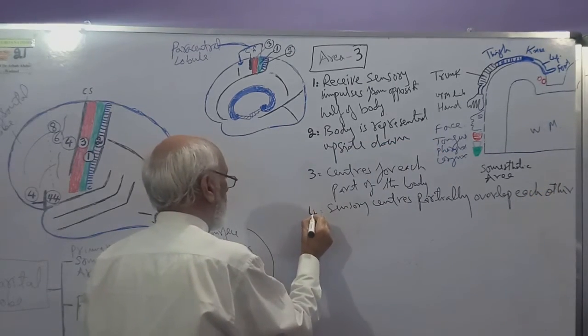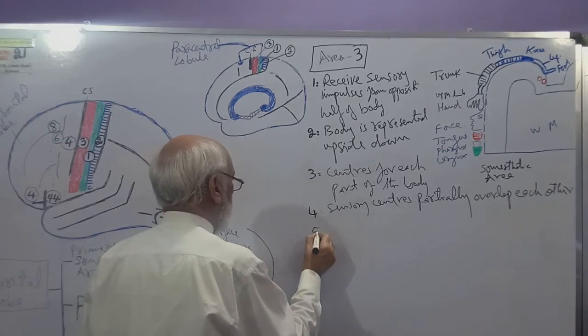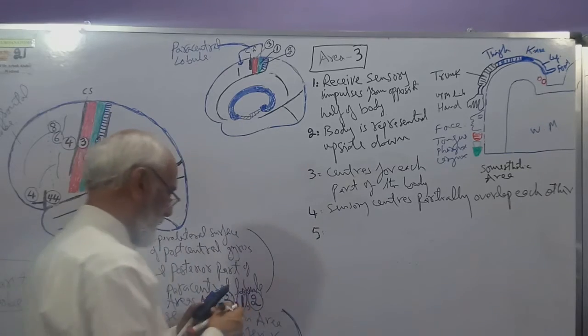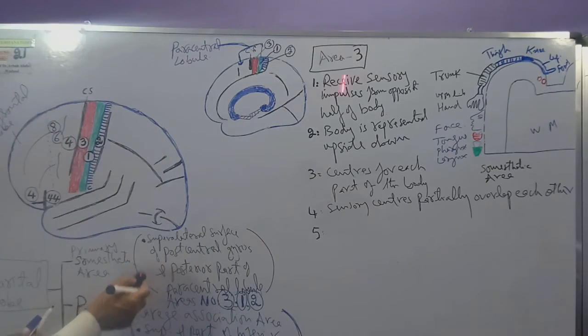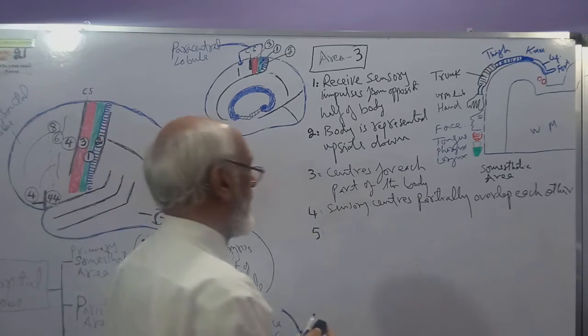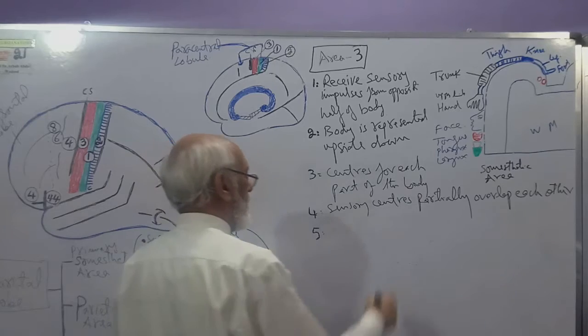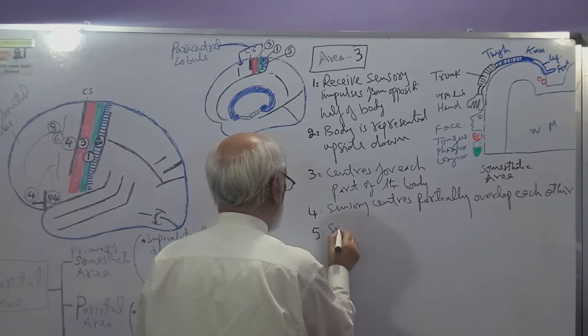So, same feature as the motor area. The sensory area number 3 has the same feature, a repetition of the motor area number 4. Then the sizes of these sensory areas vary.